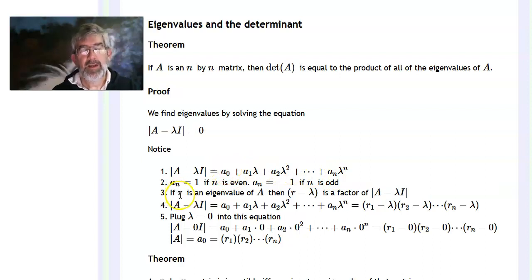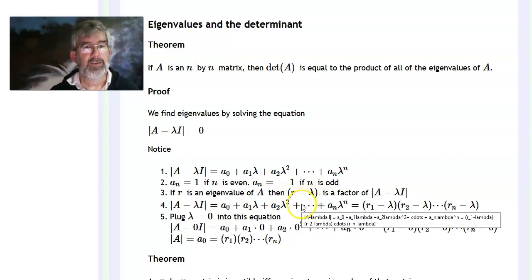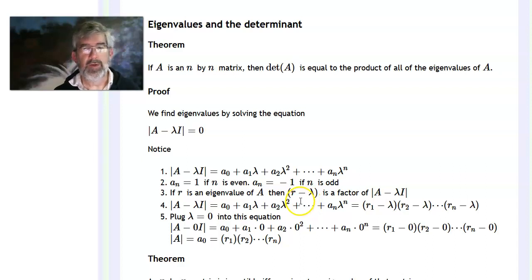So here we go. If r is an eigenvalue of A, then r was a solution for lambda which made this equation true, which means if you plugged that value of r into this polynomial, it would be a 0 of the polynomial, which means r minus lambda is a factor. Typically, we would say lambda minus r is a factor, but if lambda minus r is a factor, then so is r minus lambda, just with an extra factor of minus 1.